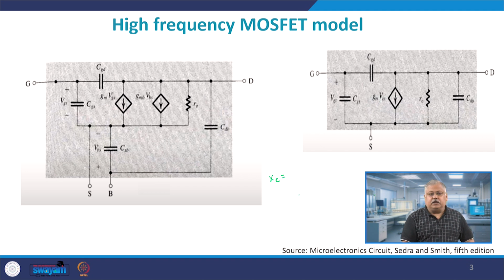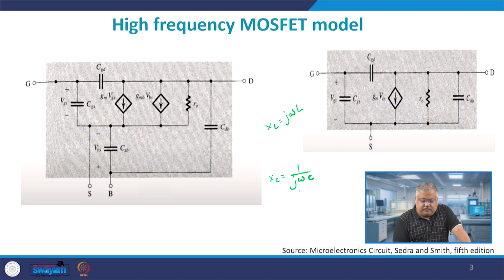Now, if you remember, I was also discussing in my earlier lectures, XC is the reactive impedance of a capacitor, 1 by j omega C, and for XL, just for information, it is j omega L, where omega is the frequency and j is an imaginary quantity.